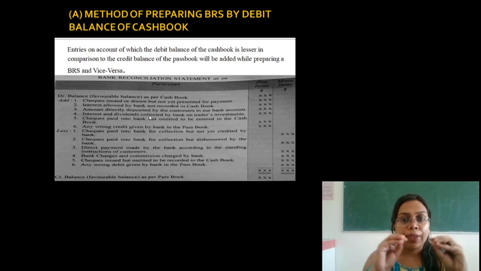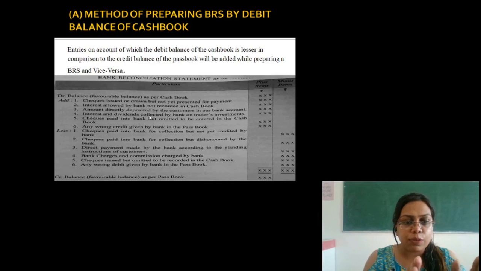So this is the funda of preparing a BRS. What items we are adding and what items we are lessing, we have already discussed in our last lecture. Before seeing this lecture, you can go through the lecture in which we have discussed the format.